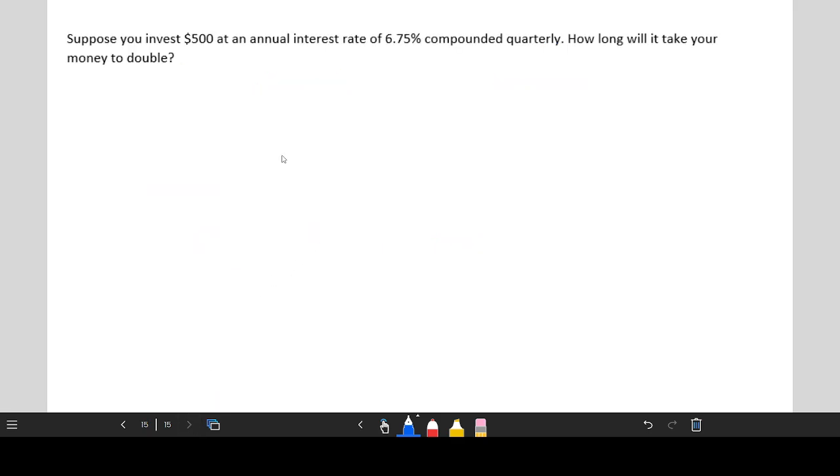All right, an application of all this. Suppose you invest $500 at an annual interest rate of 6.75% compounded quarterly. We've discussed compound interest formulas previously. This is our principal. Our rate is going to be 0.0675 as a decimal, and we're compounding 4 times per year.